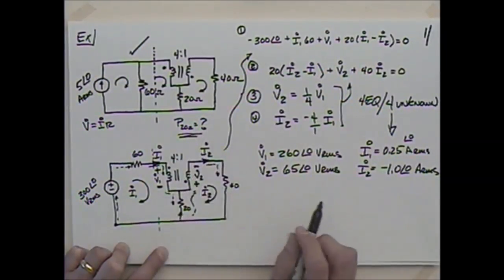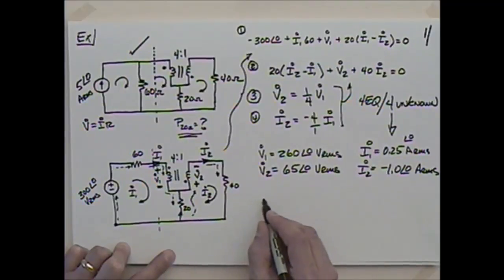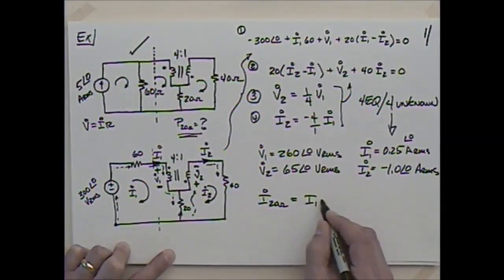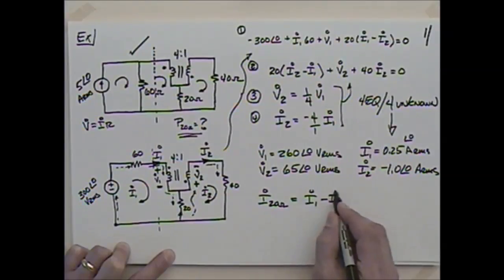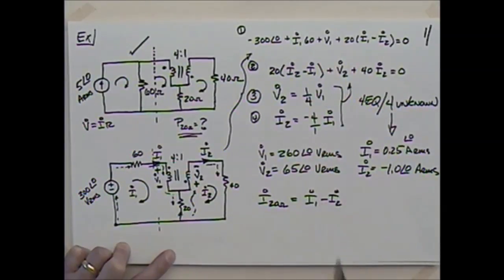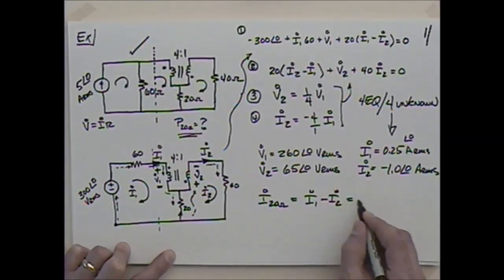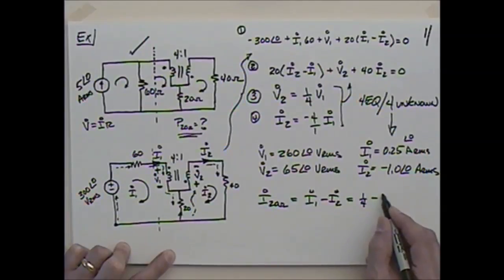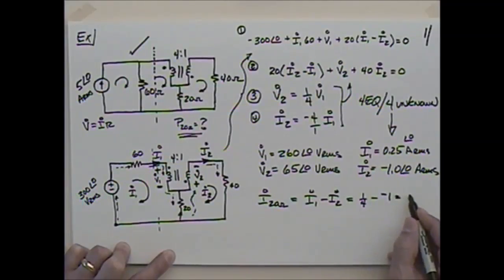Remember that we're looking for the power, so I could say that the current in here, I through the 20 ohm resistor, is really equal to, well, we could say I1 minus I2, right? And you might say, well, couldn't it be I2 minus I1? Well, it's not going to matter because we're going to square it, right, for the power equation. So I could say that this is a quarter minus 1, which gives me 1.25, is that right?